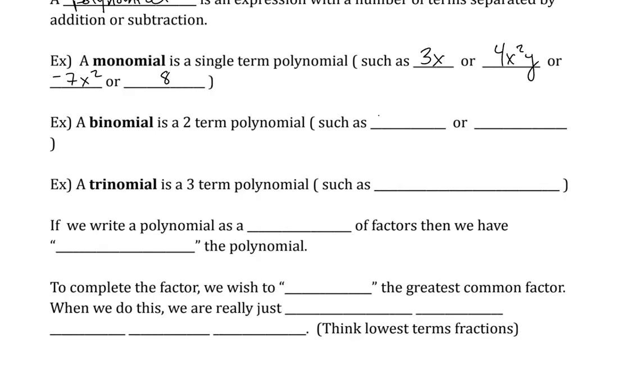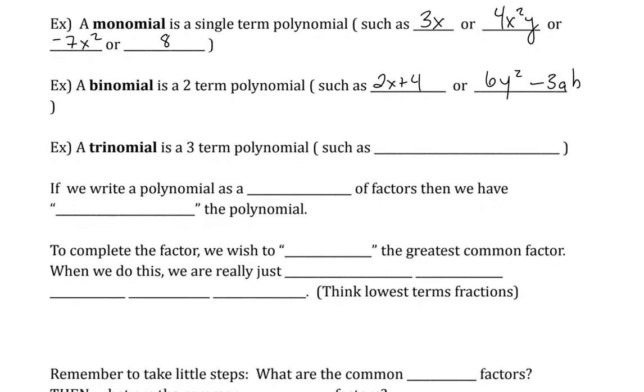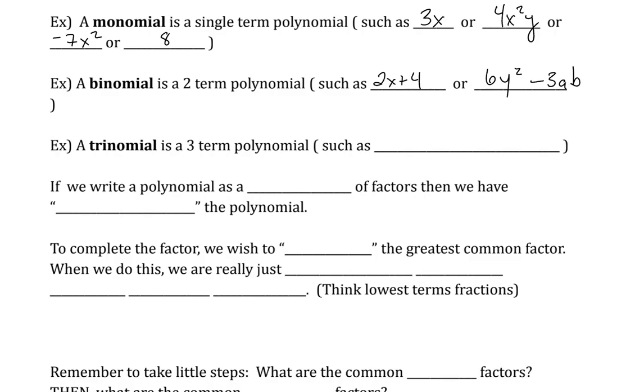So an example of that would be 2x plus 4, or something crazy like 6y squared minus 3ab. Oh, the bracket went on to the next line. That's funny. So a trinomial is a three-term polynomial. So an example of this would be something like 6x squared minus 2x plus 7.